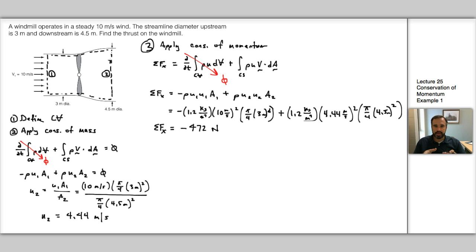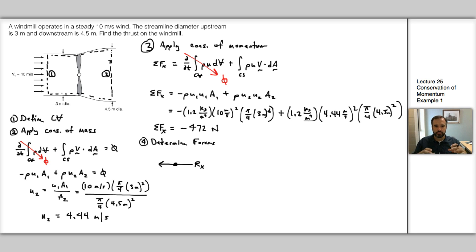Now we need to go to statics and do our free body diagram. So now for determine forces. So if we draw our free body diagram, so say if that's the windmill, we have the force on the fluid, Rx. So we'll call this the reaction force, Rx.